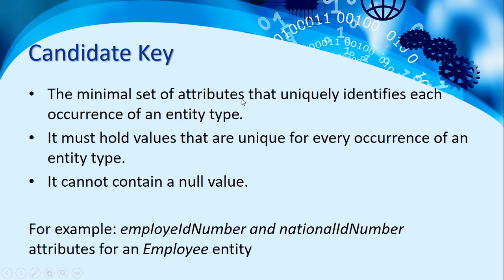Ito yung mga attributes that uniquely identify each occurrence of an entity type. So in order for that key na maging candidate key siya, dapat it must hold values that are unique. Dapat unique siya for every occurrence sa entity type. So say for example, kada person, dapat yung attribute na yon is unique yung value niya, no?